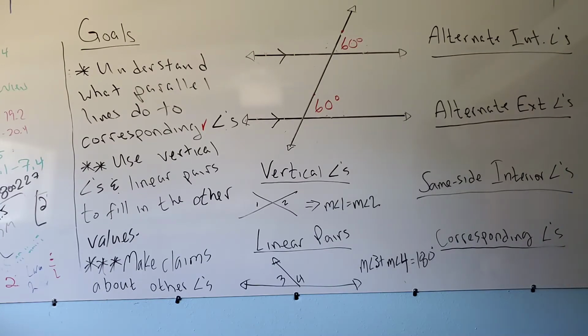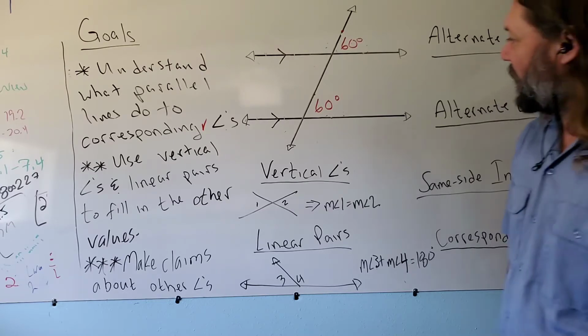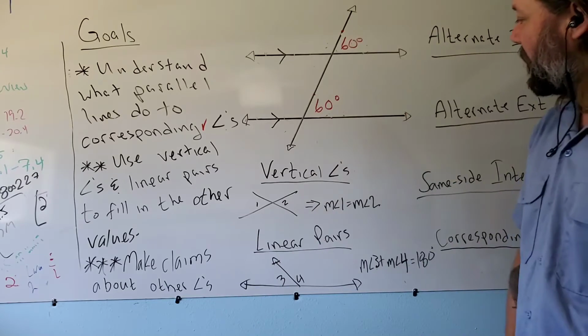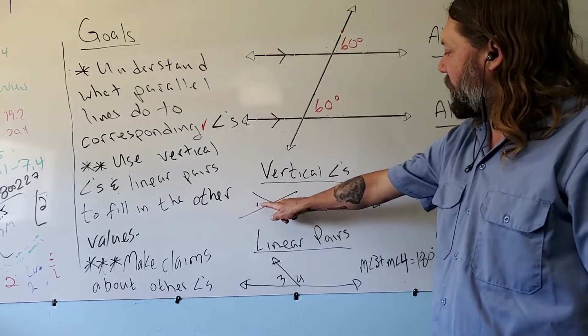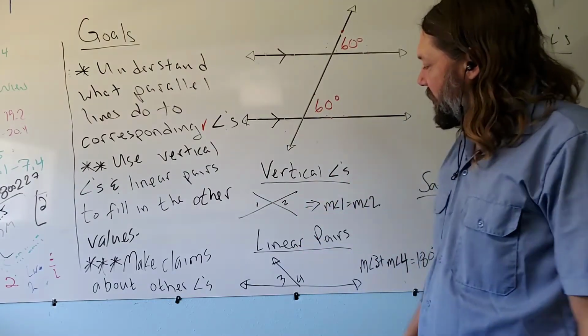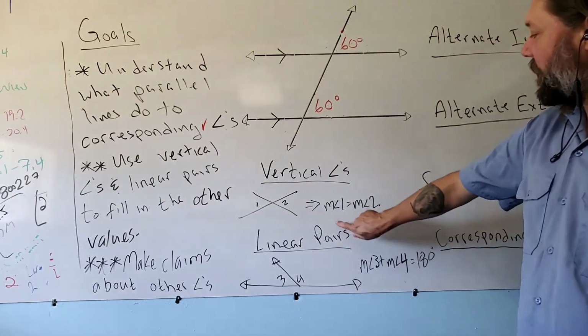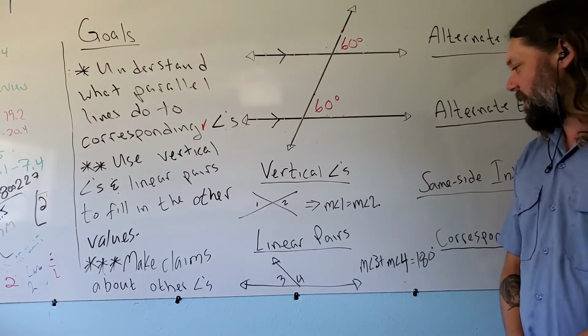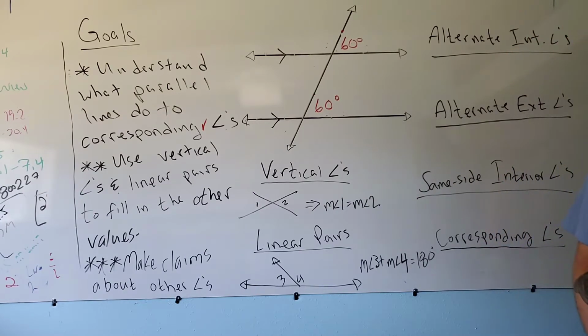Alright, our second goal is we're going to use vertical angles and linear pairs to fill in the other angle values. Now remember, vertical angles look like this. They're angles on the opposite side of intersecting lines, like an X, right? And we know that they're equal. We actually made that argument before we went on quarantine. The other type of angles are linear pairs.